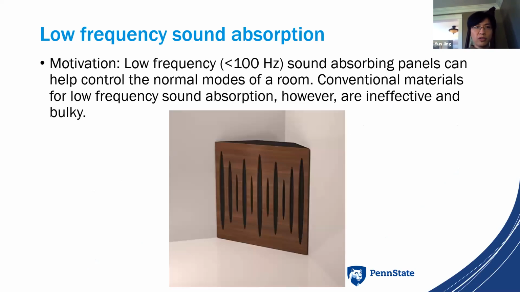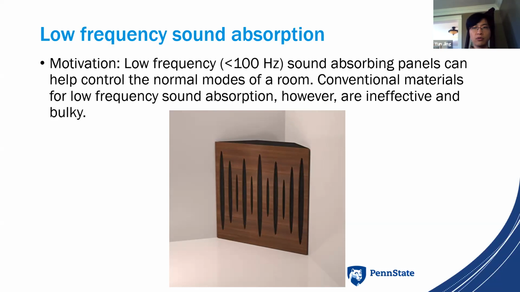Let's talk about the motivation of why we want to control low frequency sound. Particularly in room acoustics, this is a largely unsolved problem. We are looking at extremely low frequency sound, below 100 hertz. In room acoustics, you have normal modes that are manifested as high pressure regions at the corner of the room.